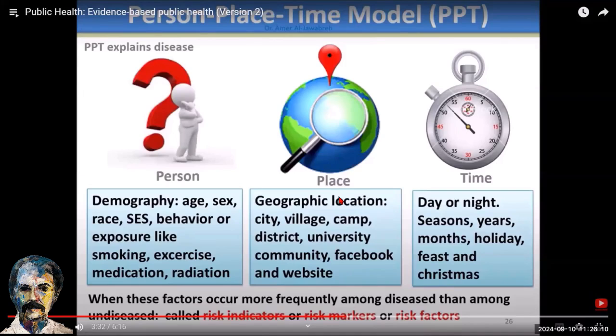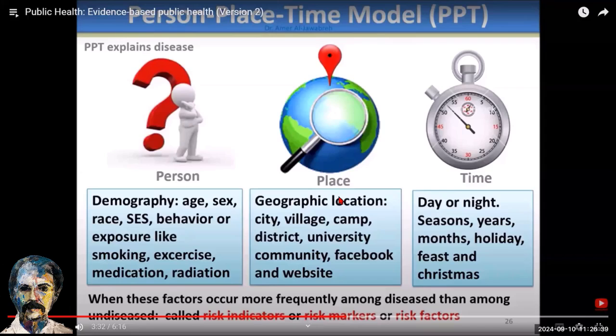Also socioeconomic status: how much money you have, what your education is, and what your job is. All of these are also factors that can affect the disease. Money affects almost everything. Or exposure like smoking, whether you are obese or not, physically active or inactive. All of these are factors related to you as a person.